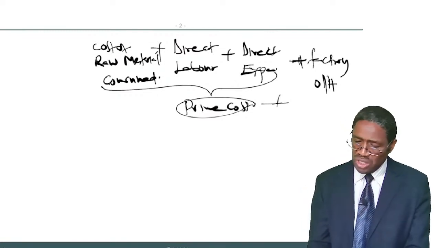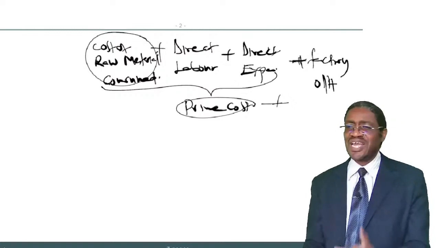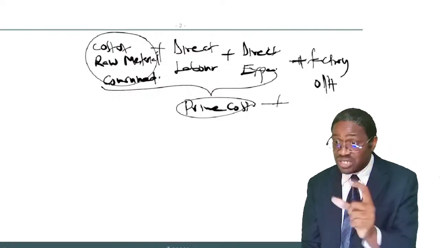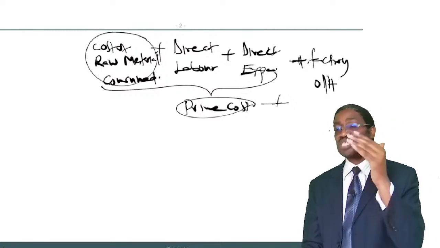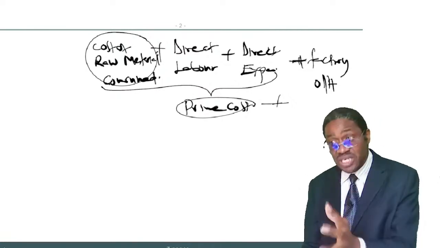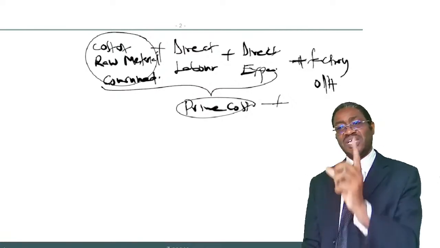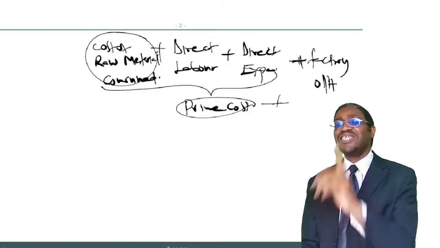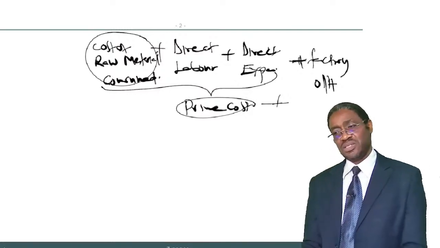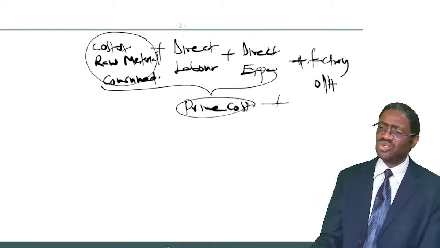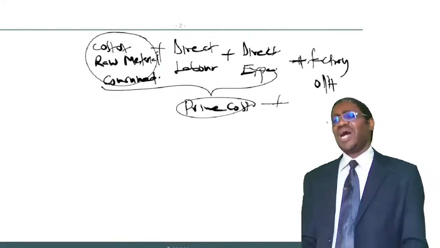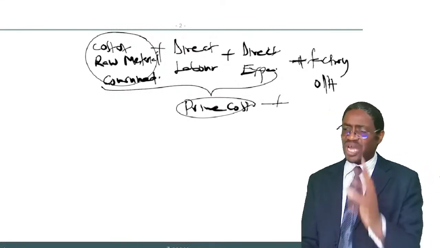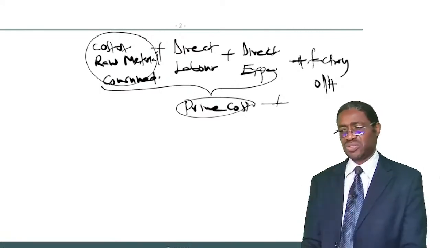I've told you the first one is the cost of direct material, which is the same as cost of raw materials consumed. Then I said you add direct labor, add direct expenses. So where shall you classify other materials, like indirect materials?